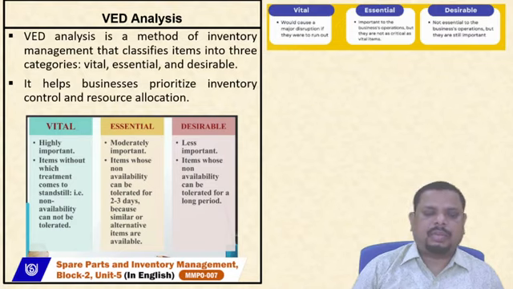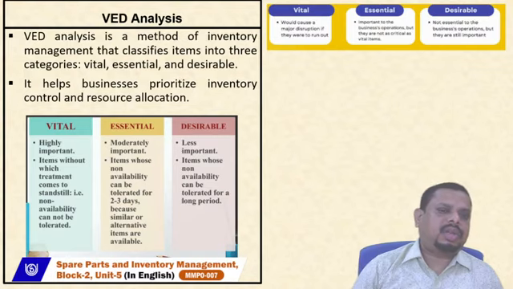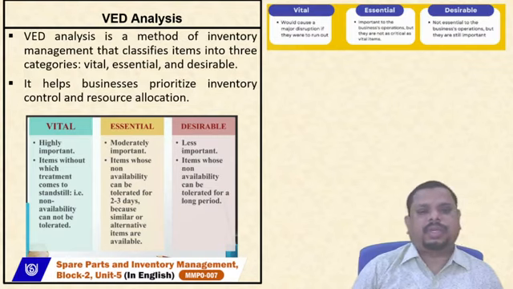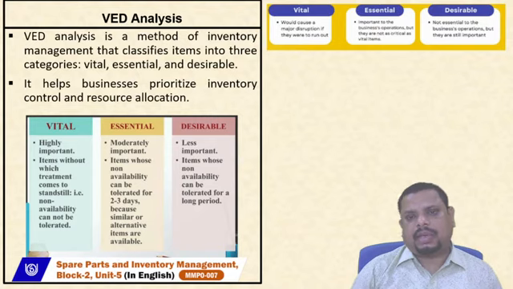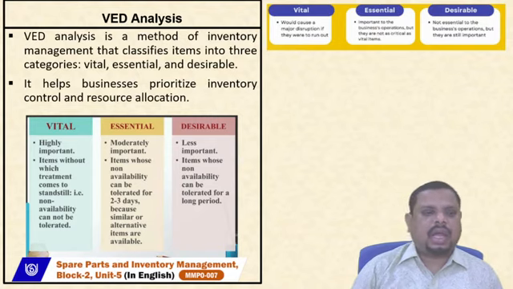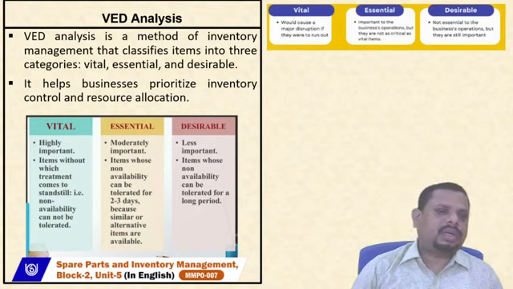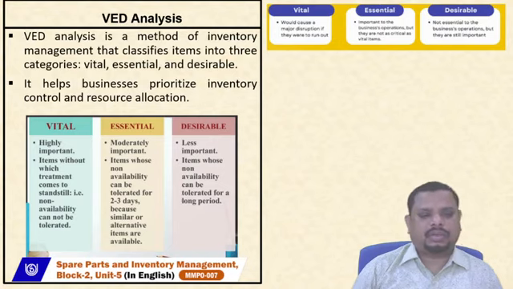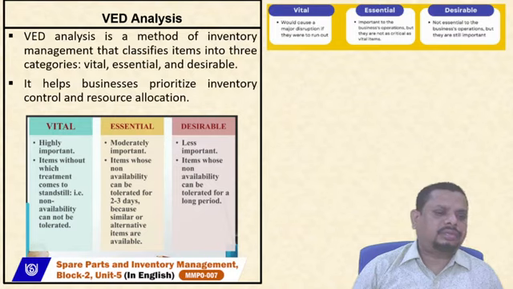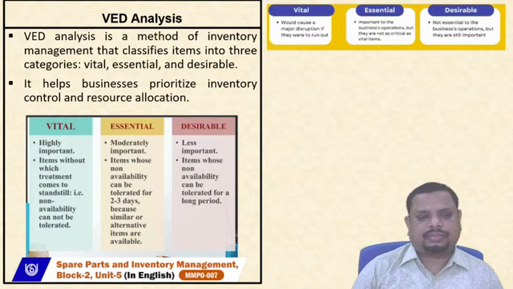The fundamental concept of VED analysis is that this method of inventory management classifies items into 3 categories, vital, essential and desirable, and it helps the business prioritize inventory control and resource allocations. Take the example of the automobile industry. High importance or vital items, for example, are engines.